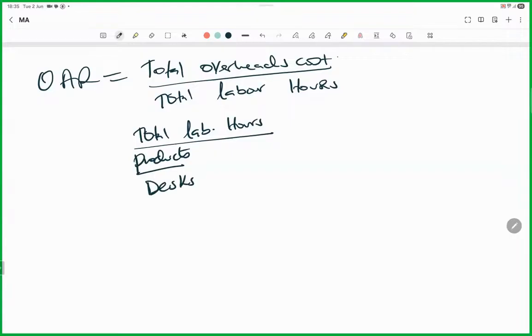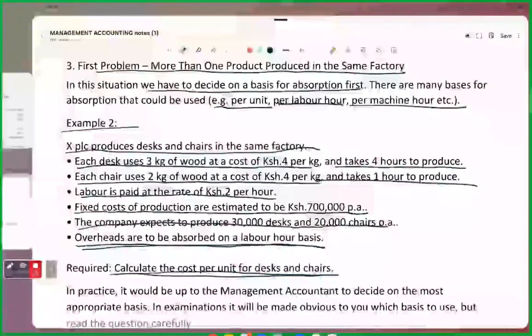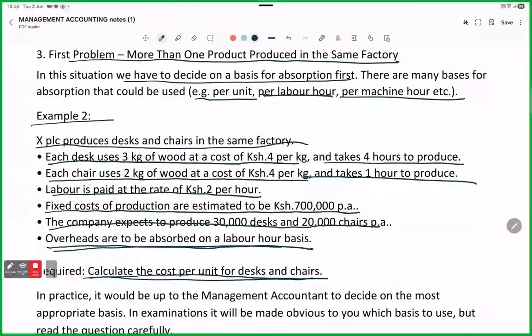Desks, and what here? Chairs. Do we know the quantities that will be produced by this company? Quantity of desks is how much? I'm alone, but I will overcome. You can see here the company expects to produce 30,000 desks and 20,000 chairs.